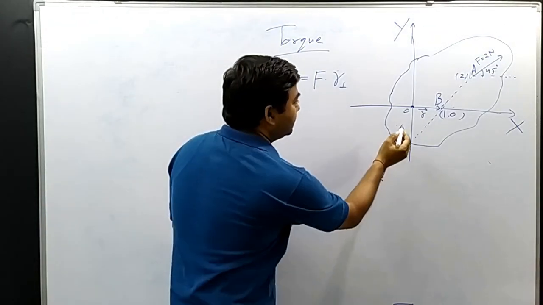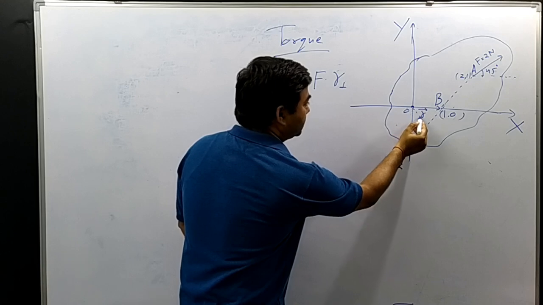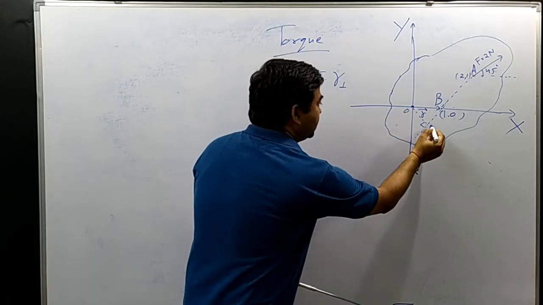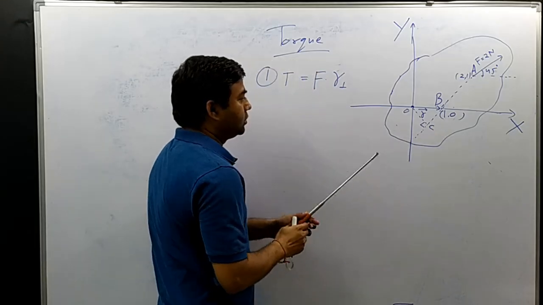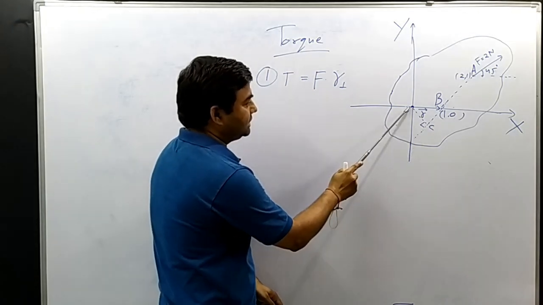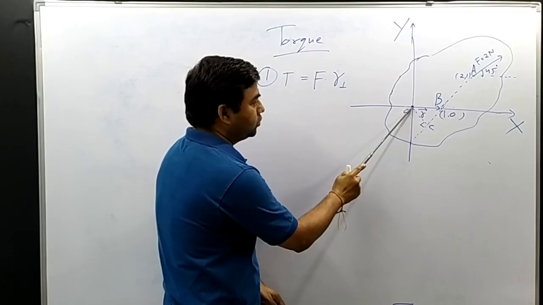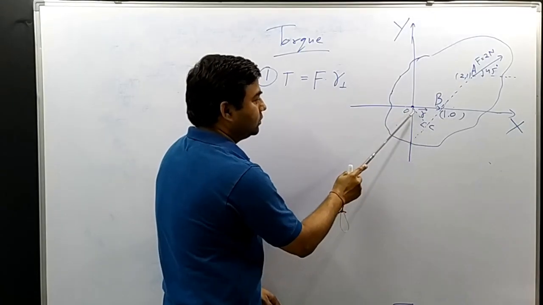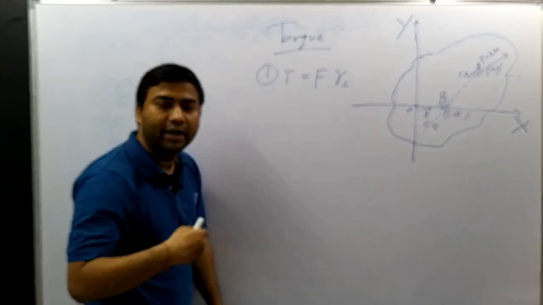This is the point O, so the perpendicular is this. Let this be point C.